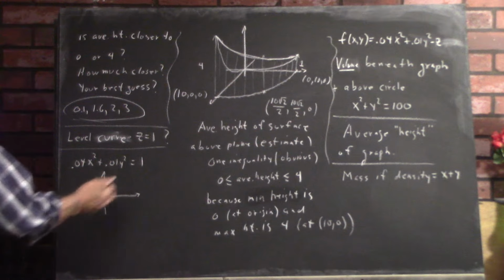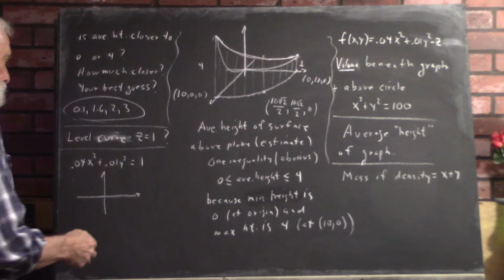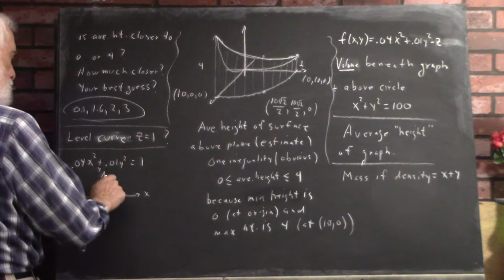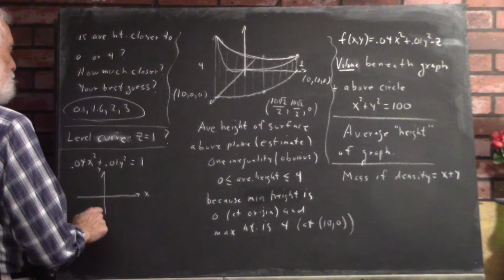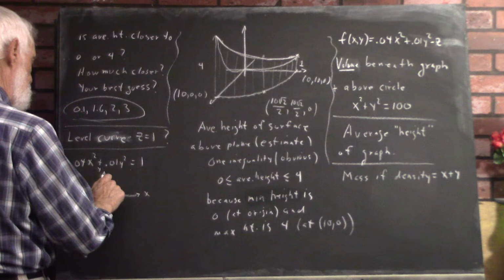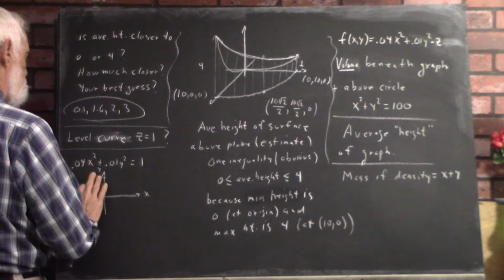And we know what this ellipse is, because we've seen it before. If this is x and this is y, the ellipse has a semi-minor axis of 5 and a semi-major axis of 10.